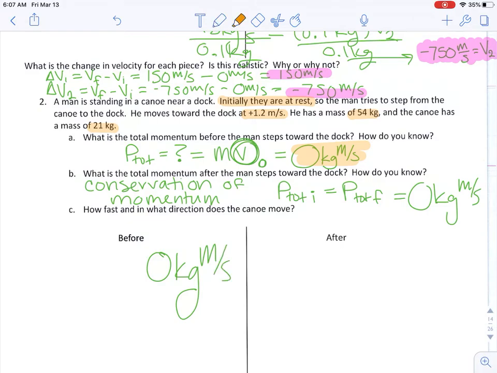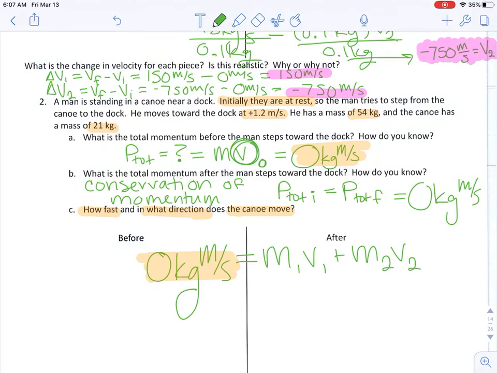All right. Now we want to know how fast the canoe moves and in what direction. So we're finding out its velocity. Okay. So we're going to use our same old generic equation. The only thing that is special about explosions is that the left side's already done for us and it's 0. That's what makes them special.